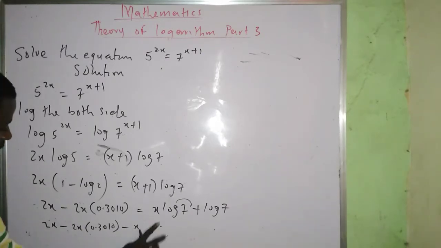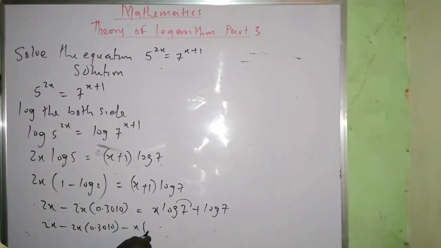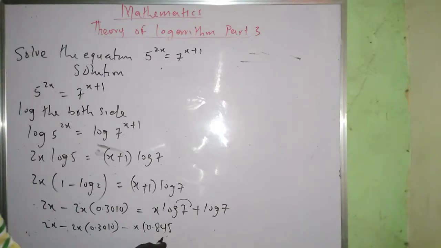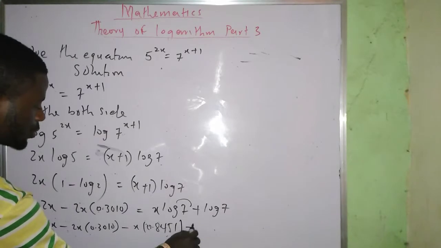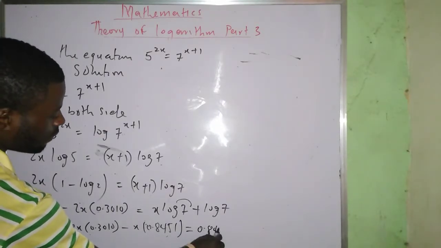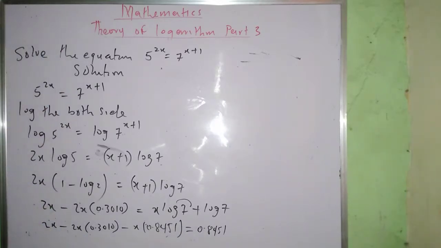Sorry, let me present it. Multiplied by 0.84510 and also equals 0.8451.